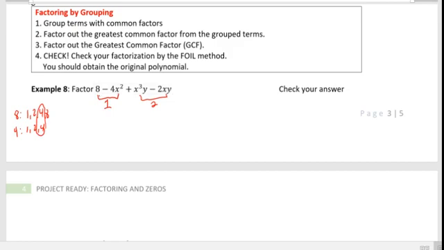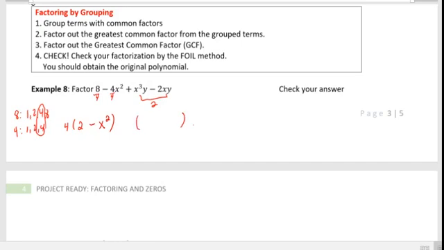And then the 4 has an x squared, but the 8 doesn't. So the only thing that I can factor out of group 1 would be a 4. So if I divide 8 by 4, I get a 2. And 4 divided by 4 is going to be a 1. My greatest common factor was a 4, so I divided this by 4, and I divided this by 4, and I ended up with this.